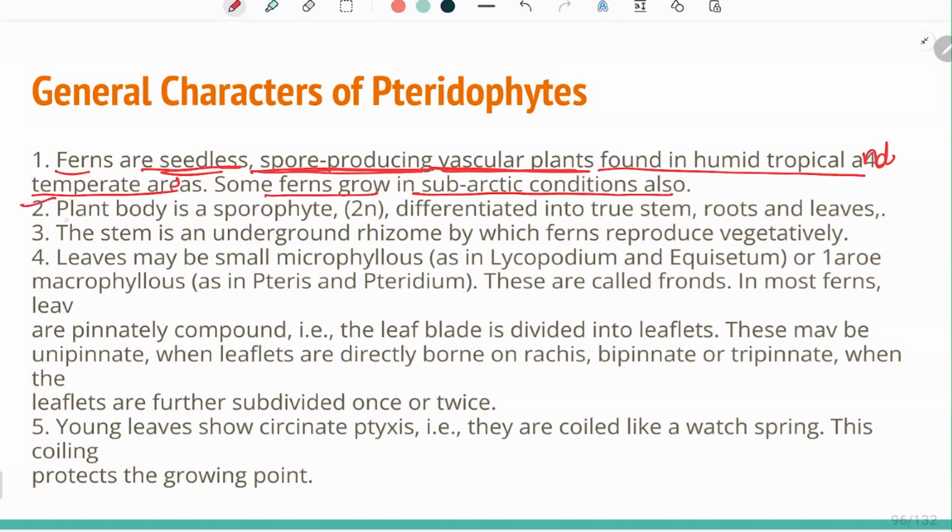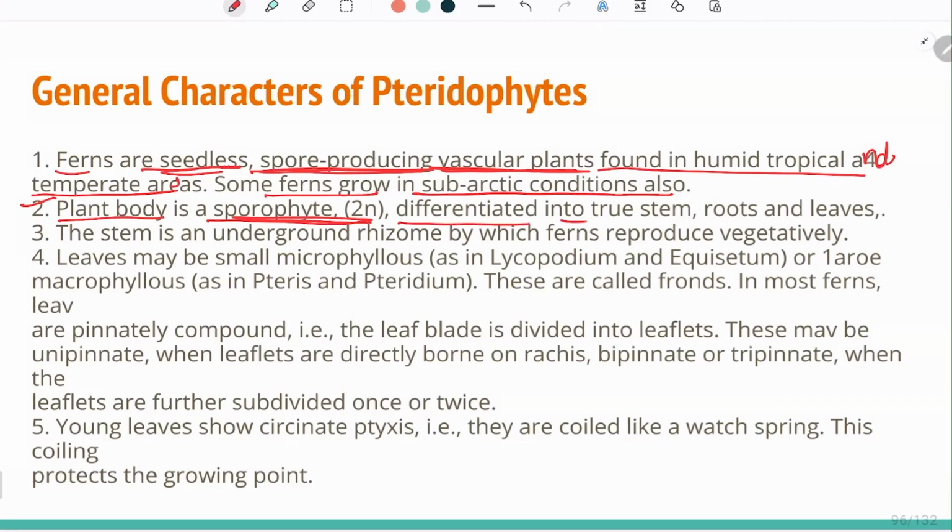The plant body is sporophyte. In algae and bryophyta the gametophytic plant body remains dominant, whereas from pteridophyte onwards the main plant body is the sporophyte. This dominant sporophyte produces spores, which form the gametophyte, and then gametes are produced.